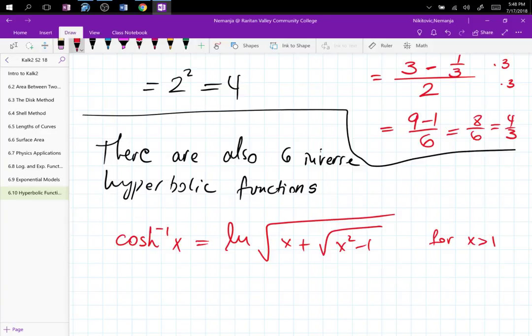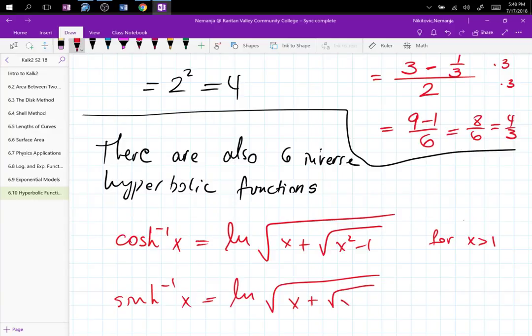And then let's write the sine hyperbolic inverse, which is the ln of x plus the square root of x squared plus 1. So those are the 2.